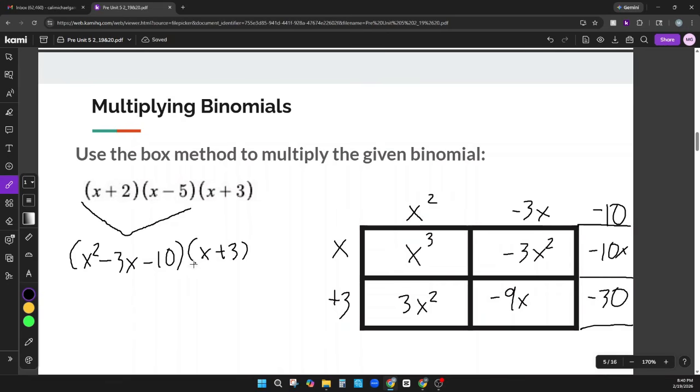And here's where the fun comes in. Now, I have all these results, and just like I did with my other box, I'm going to write this out as my new equation, my new expression. So I'm going to write out x to the third minus 3x squared minus 10x plus 3x squared minus 9x minus 30.